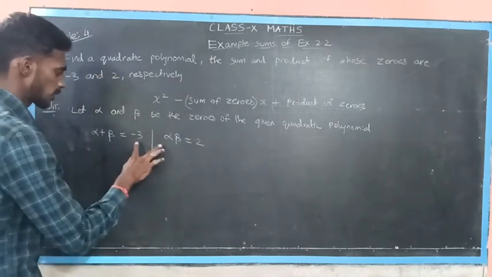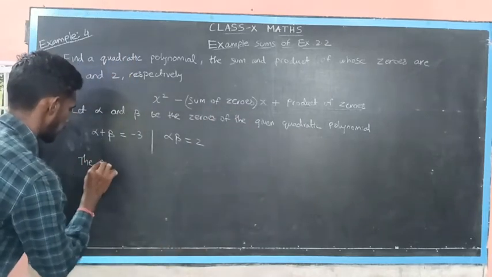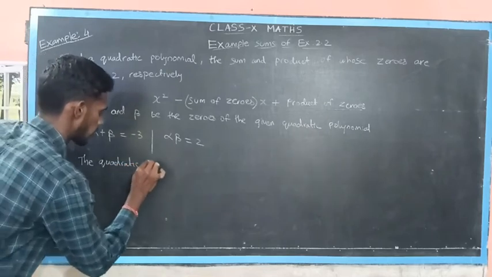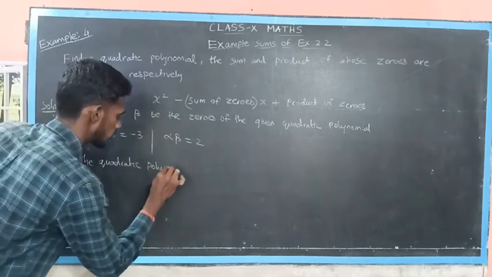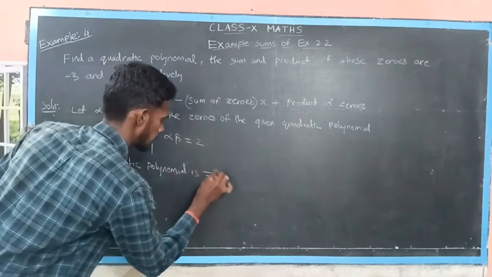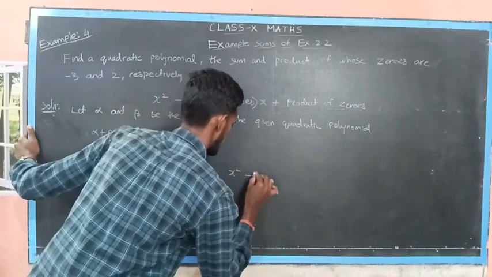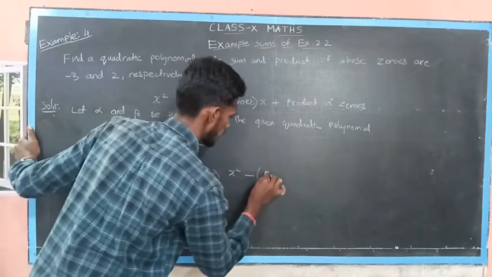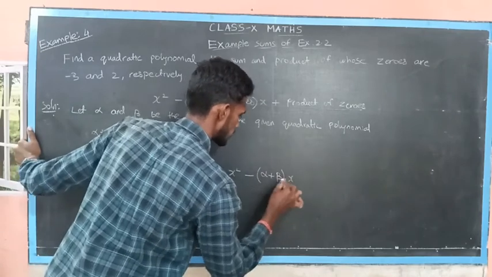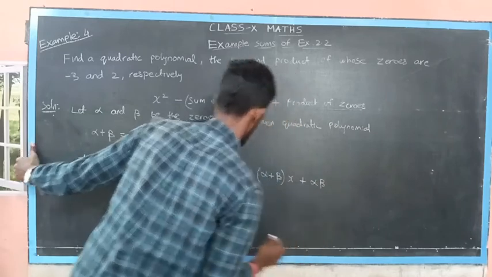Substituting these statements here, the quadratic polynomial is x square minus sum of zeros, that is alpha plus beta, into x plus the product of zeros, that is alpha beta.